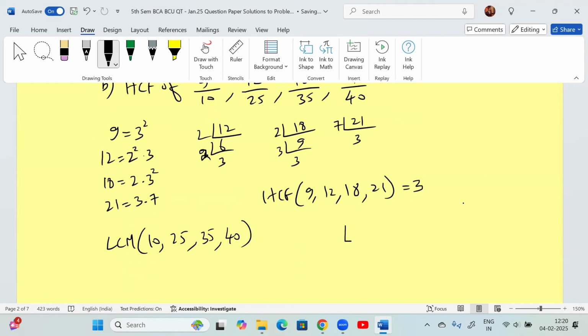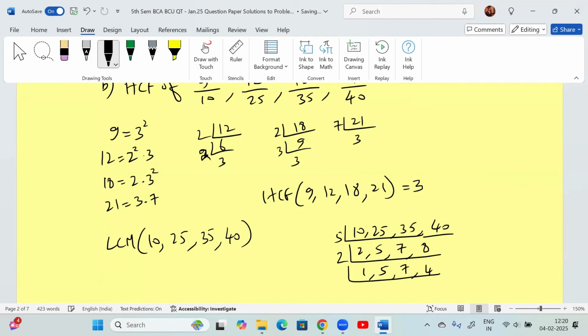So let us do common division method. 25, 35, 40. 5 2s are, 5 5s are, 5 7s are, 5 8s are, 2 1s are, 5s are, 7s are, 4s are, then 2 1 5 7 2.